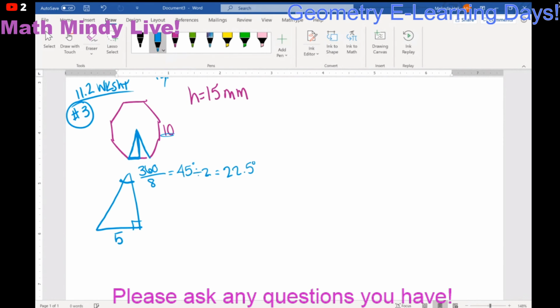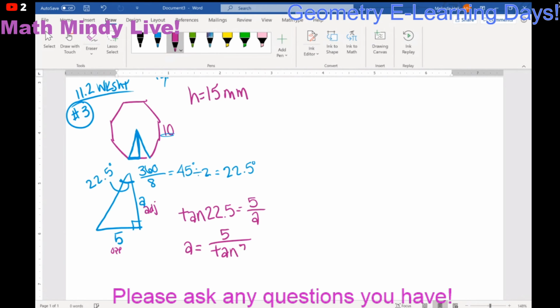Once you know that angle measure, you can use regular trig because we have opposite and adjacent, and opposite and adjacent, remember, is tangent. So we would have tangent 22.5 equals opposite, which is 5, over adjacent A. Since your A is in the denominator, we switch those around, which leaves 5 divided by tangent 22.5.